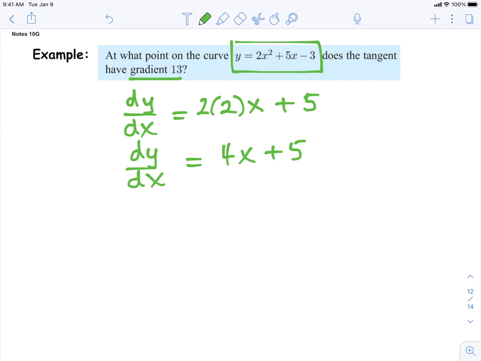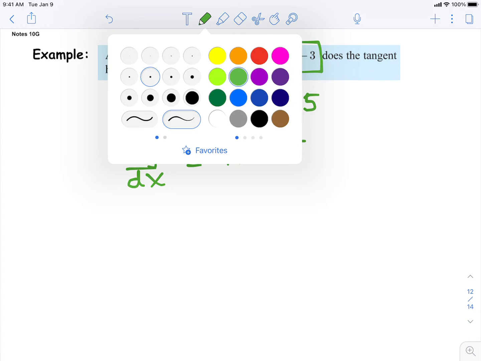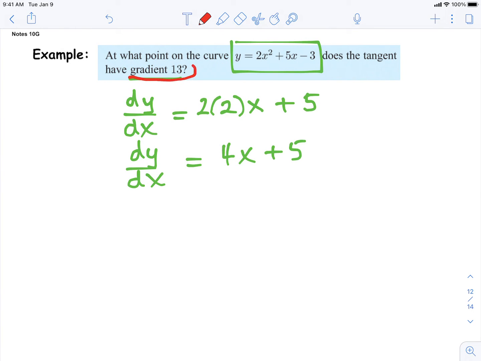And there is our gradient function. Now it says our gradient is 13. So that is our dy/dx.